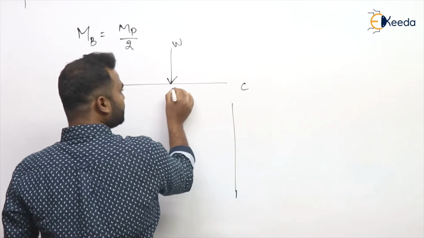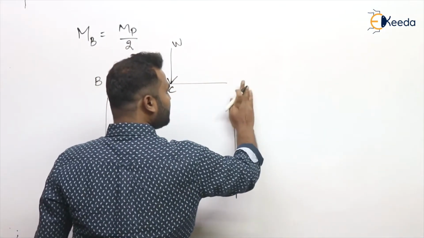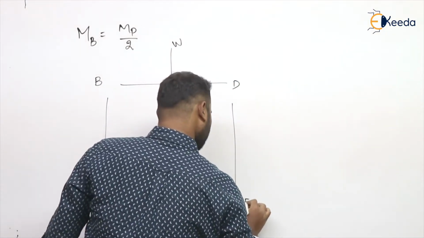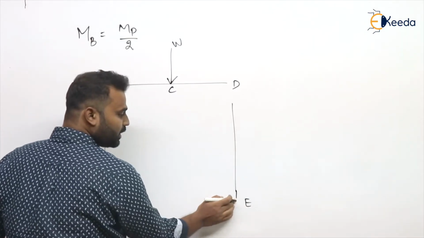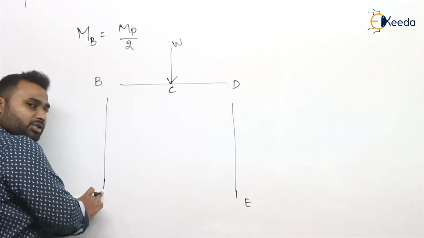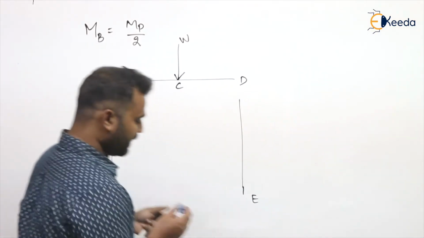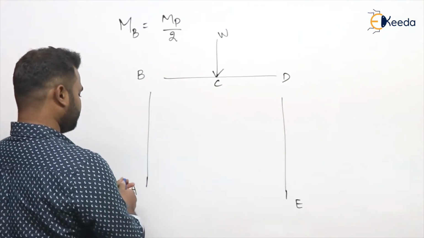So this is C, and this will be D. This is the joint D, and this is E. Here it is a hinged joint, and here it is a fixed support. Now let me represent the moment directions and magnitudes also.